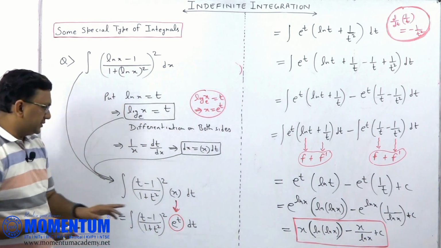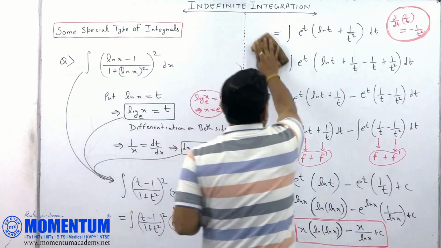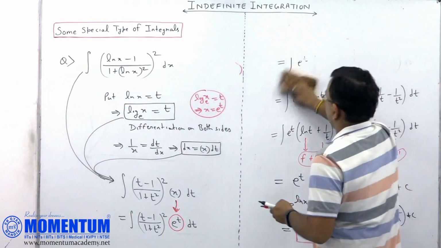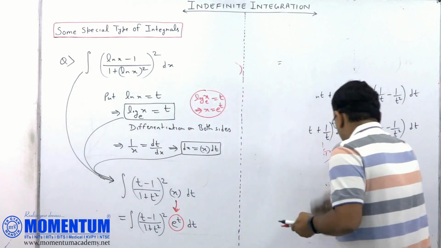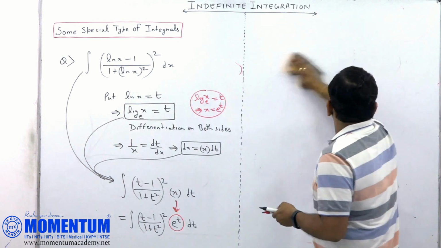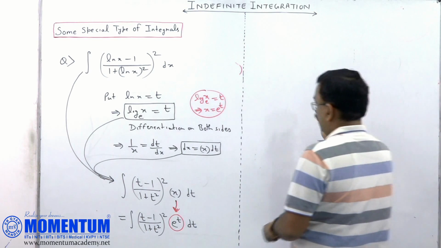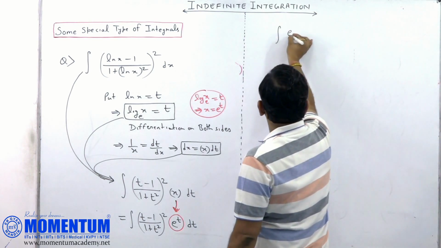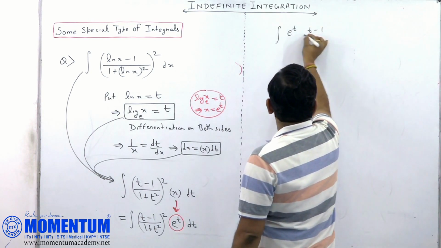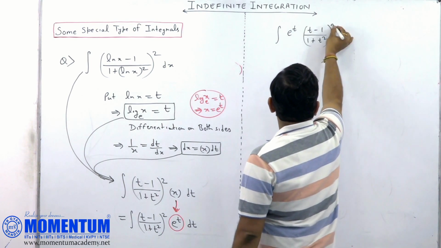That's the reason x becomes e to the power t. In place of x, e to the power t. Now our integral is e to the power t times t minus 1 upon 1 plus t square whole square. Integration of e to the power t times t minus 1 upon 1 plus t square whole square.